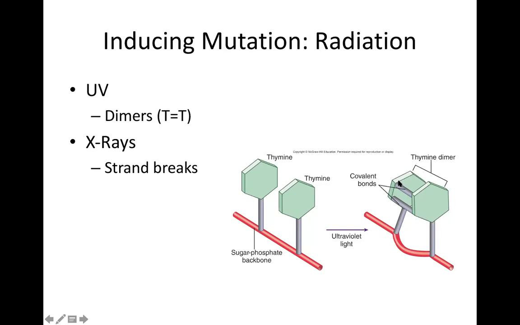When you have thymines that dimerize, it again causes misreading and confuses DNA polymerase and RNA polymerase, which is then going to cause a mutation. So this is what happens to your DNA if you're out in the sun too long without proper protection, and eventually things like this could lead to skin cancer.